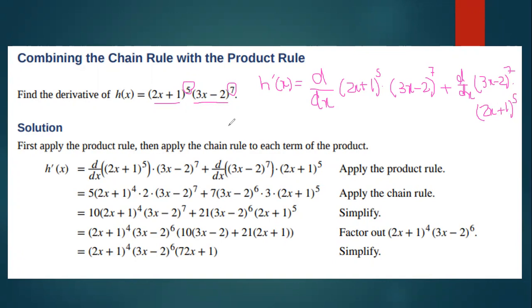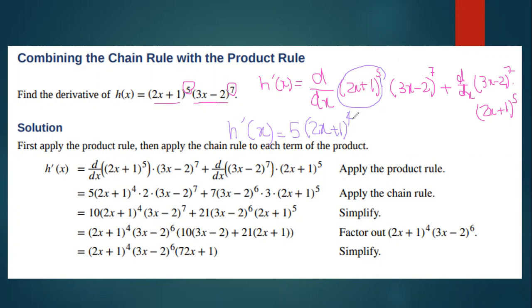So h derivative of x will be equal to 5. First we apply the chain rule, power rule, so 5 into (2x plus 1), then 5 minus 1, this will be 4, and then I have to apply the derivative on this function, that is 2x plus 1.